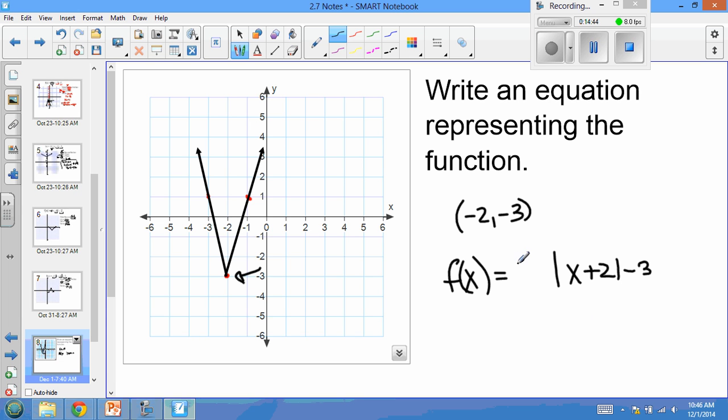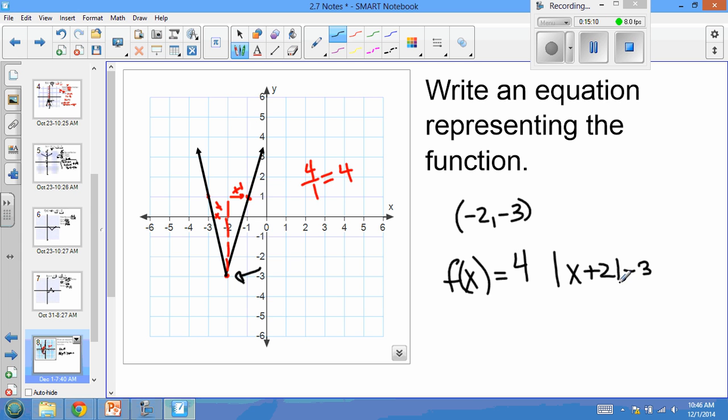And then to find A, remember, you can just use slope. So from my vertex, I went up 1, 2, 3, 4. So plus 4. And I went over 1. So my slope is 4 over 1, which is 4. So I can represent the function using 4, absolute value of x plus 2, minus 3.